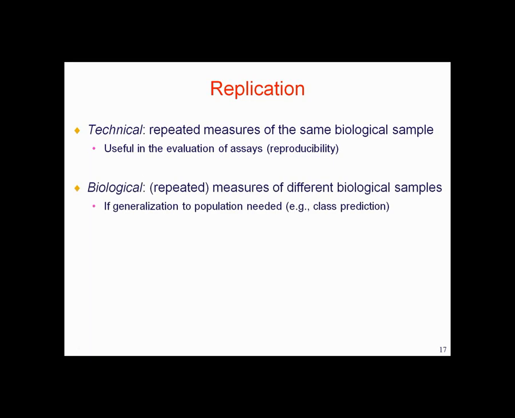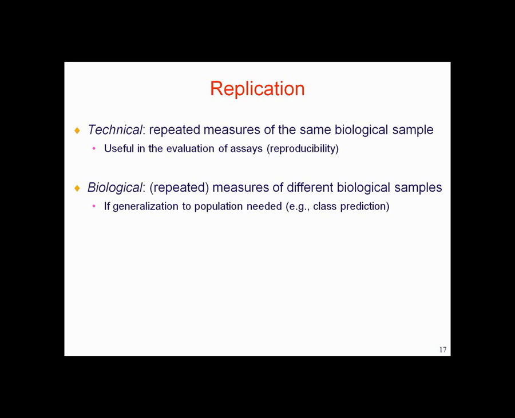Obviously you can have biological replicates. And this is important if you want to generalize your results to the population, right? Like in class prediction, for instance. Why? Because in your experiment you want to see this biological variation, because you want to know how this variation may affect your prediction, okay?